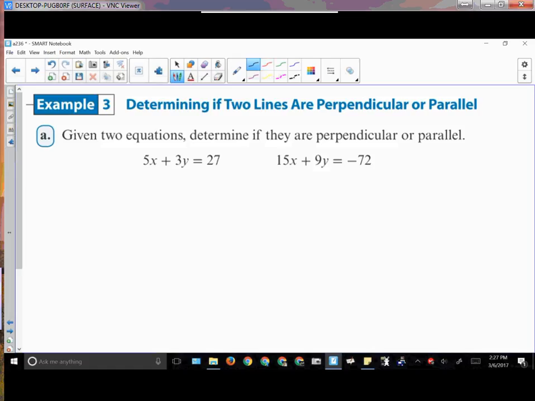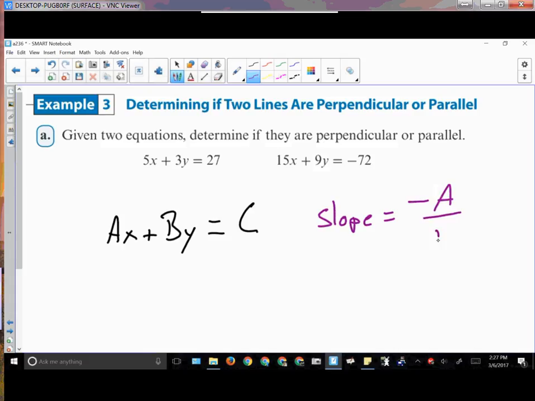When we have things in standard form, looks like Ax plus By is equal to C, I do believe I have mentioned that the slope is going to be equal to negative A over B. We've talked about this one, haven't we? Remember it? This is a very handy one for this type of a problem.